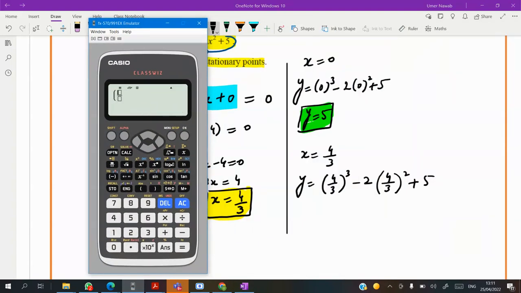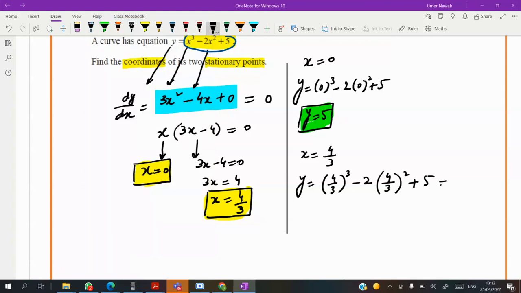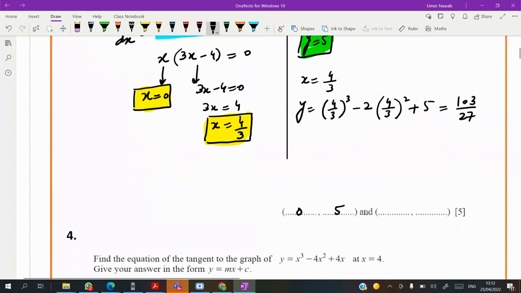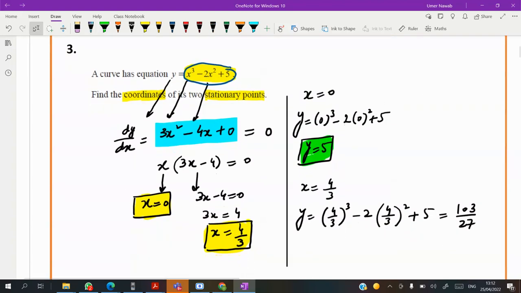Bracket open, fraction 4 over 3, bracket close, power 3 minus 2, bracket open, 4 over 3, bracket close, squared plus 5, and we got 103 over 27. I hope the calculation was correct.